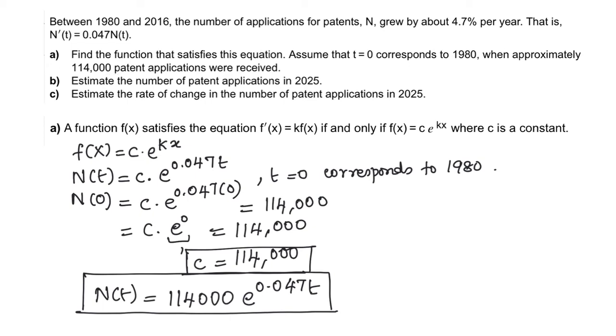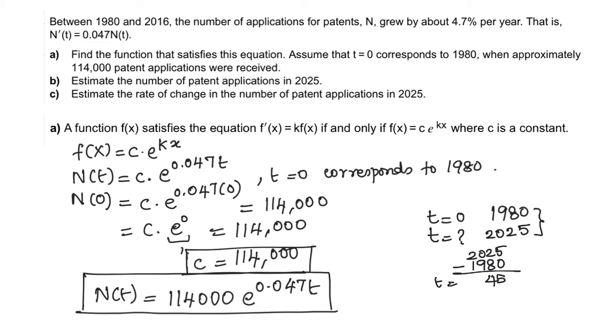Now we need to estimate the number of patent applications in 2025. If t = 0 corresponds to the year 1980, we need to find t for the year 2025. We can take the difference between 2025 and 1980, so t corresponds to 45.